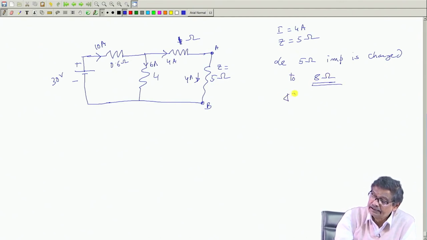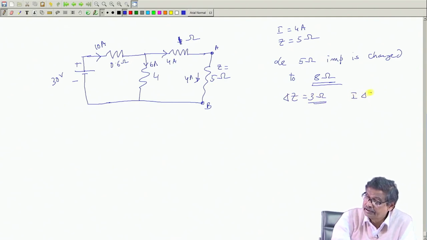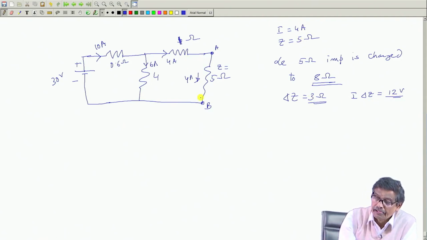Then delta Z is equal to 3 ohm, is it not? I into delta Z is how much? I can calculate, this will be 12 volt, 3 into 4, because this current was known.